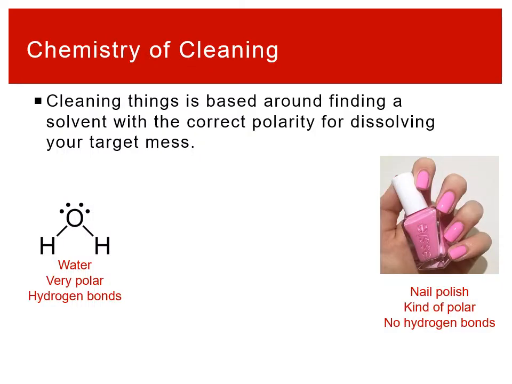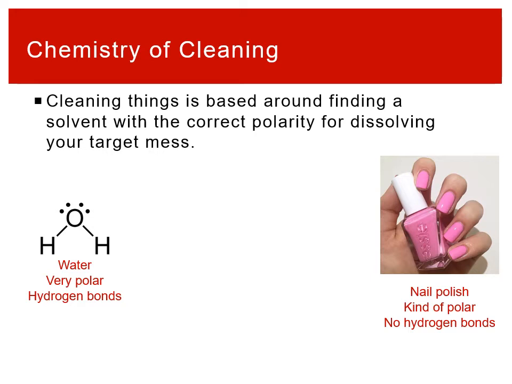So cleaning things is really all about finding a solvent that dissolves what you want to dissolve. When you are cleaning things, it's all about matching the solubility of what you're trying to get to dissolve. So for example, if we think water is our common thing we use to clean, water is very polar and it forms hydrogen bonds.